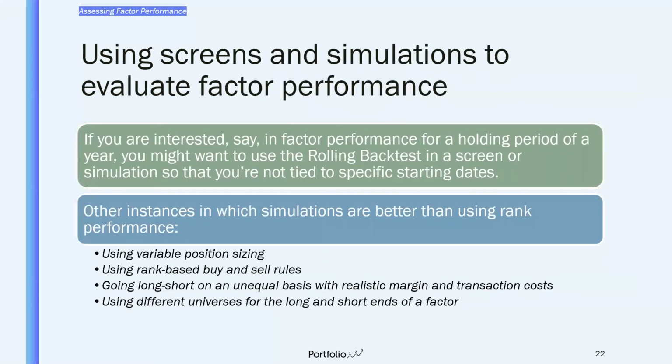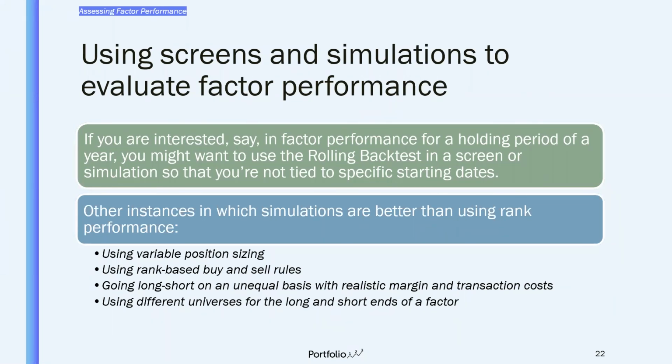Lastly, I use screens and simulations a lot to evaluate factor performance, especially if you're interested in performance for long holding periods. If you are testing performance for a holding period of a year and you're using the bucket test, and over the last 10 years, you're only going to have 10 dates on which you are evaluating that factor.